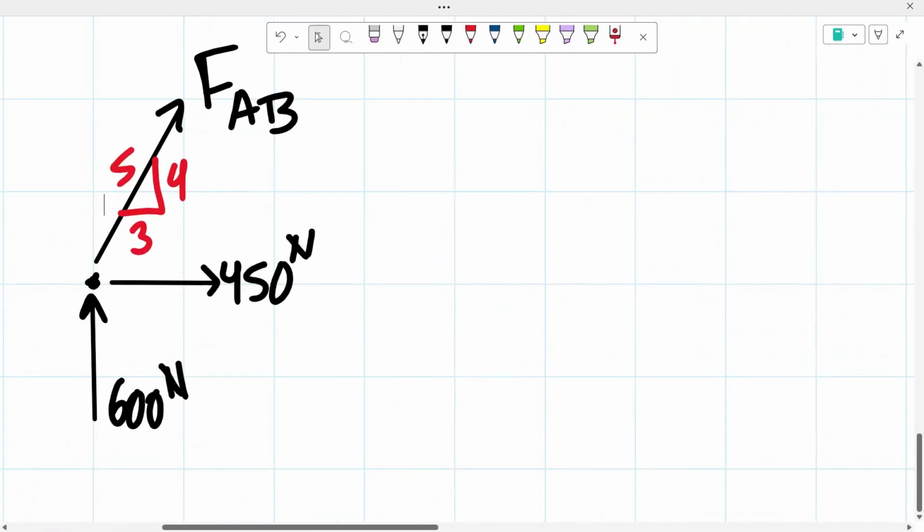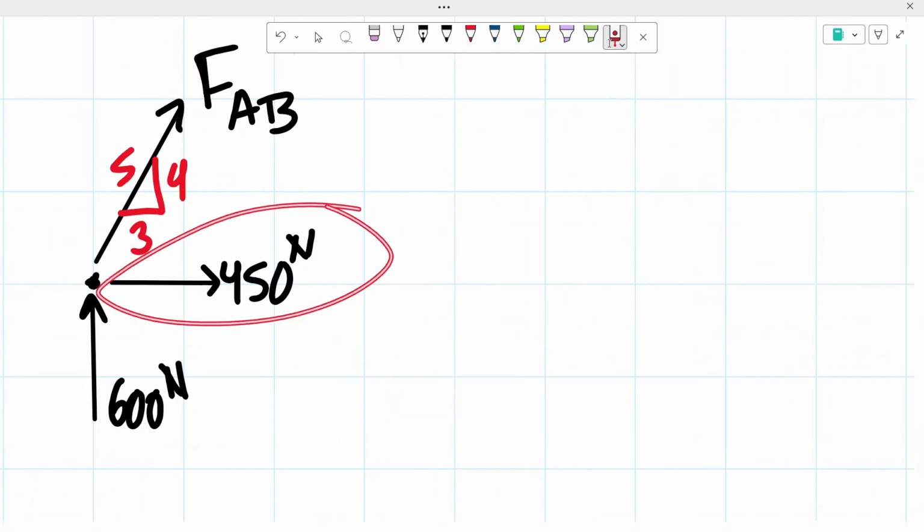Okay, so now that we know that, we can now continue. I'm going to be taking the sum of the forces in the y direction just to determine the force of AB. Or you could also take the sum of the forces in the x direction. It doesn't matter. If you guys want, I'll do it both ways just to show you guys how we would still get the same answer.